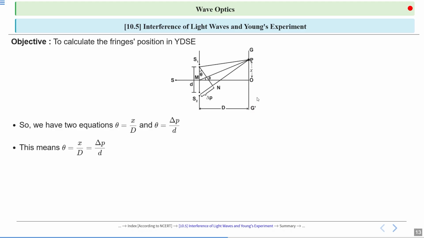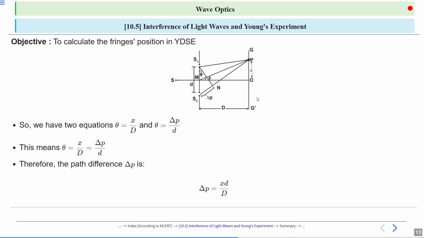Notice how we can equate these two expressions for theta: X upon D equals delta P upon d. This equality is crucial because it links the geometric setup of the experiment with the wave nature of light. So we can express the path difference delta P in a more useful form, which allows us to calculate the exact position of the fringes on the screen.